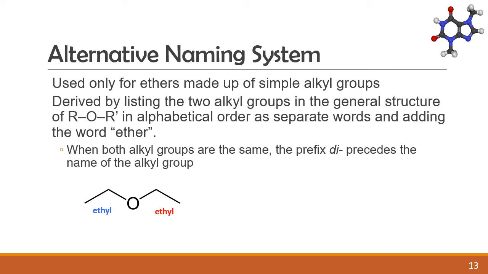For example, this ether has an ethyl on both sides of the oxygen atom. We combine the alkyl name on the left with the name on the right, and since both alkyls are the same, we add the prefix di before the alkyl name. Thus, the common name of this ether is diethyl ether. The IUPAC name is ethoxyethane.